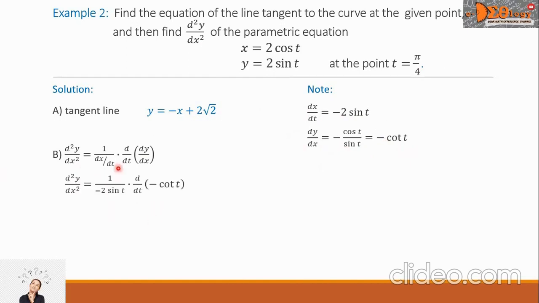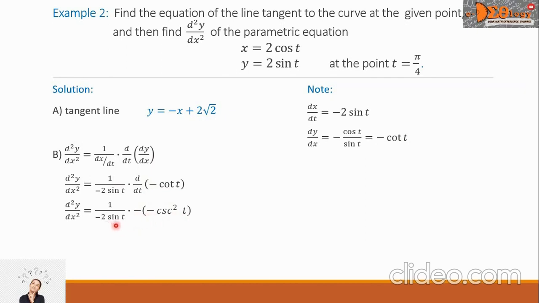So we have now 1 over the dx over dt, which is -2 sine t, times d over dt of dy over dx. Taking the derivative of this, we have the negative sign. Also, the derivative of cotangent t is negative cosecant square t. Now, negative and negative becomes positive.